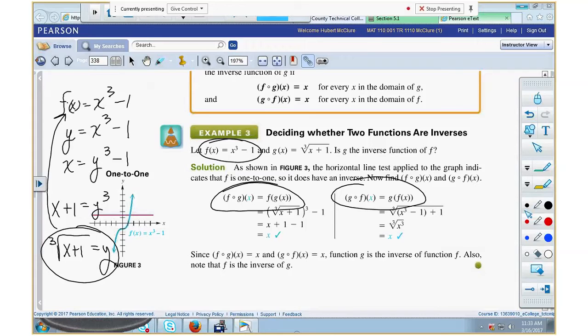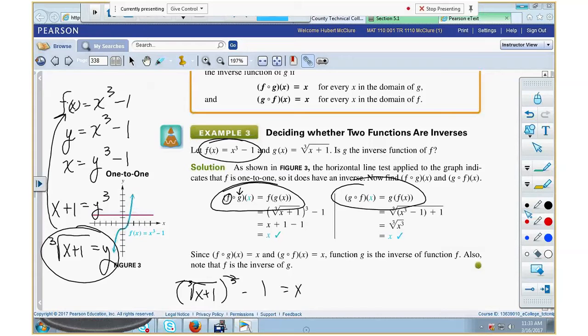I'm not going to test you on that, but if you plug them in, so if f composed of g, f is this, so that means you're going to put a big set of parentheses, minus 1, and then what gets plugged into f composed of g? g, yeah, cube root of x plus 1, and that cancels that out. And what's x plus 1 minus 1? And you should get the same thing over here.